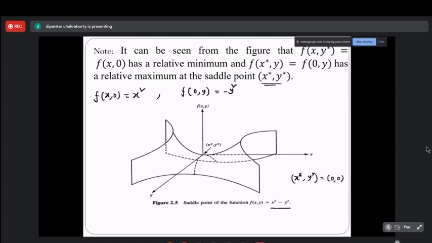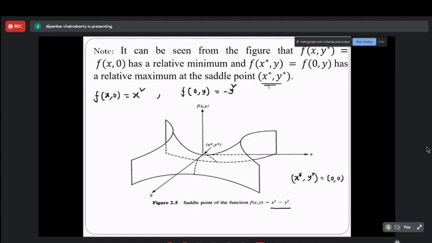So when I consider the point 0, 0 combinedly, it gives you the saddle point, neither maximum nor minimum. But when we consider x star and y star individually, the nature of the function becomes a relative maximum and a relative minimum. That's why combinedly it does not give you a single nature.